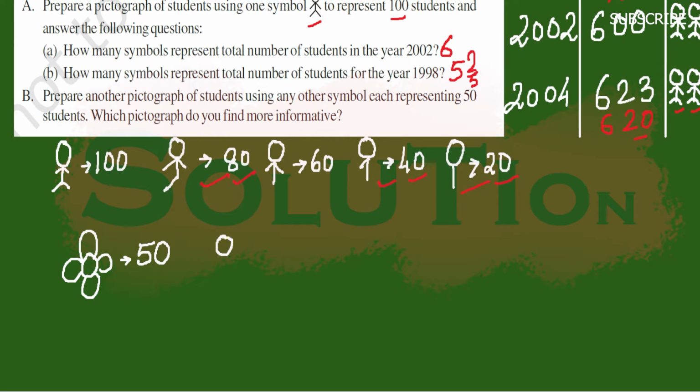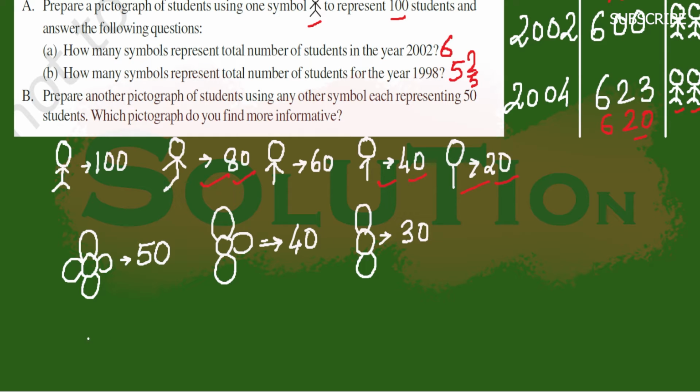If I take out one portion, since 5 portions represent 50, one portion means 10. So if I remove one portion, that means it is 40. Now 4 parts will make 40, 3 parts definitely will make 30.